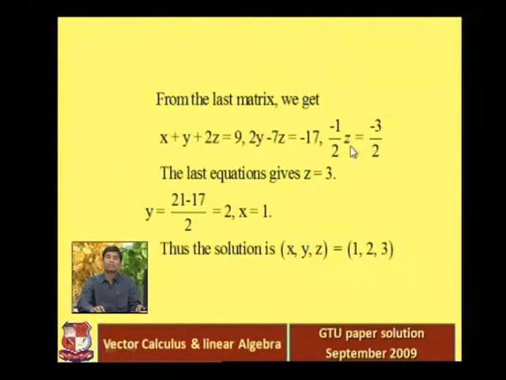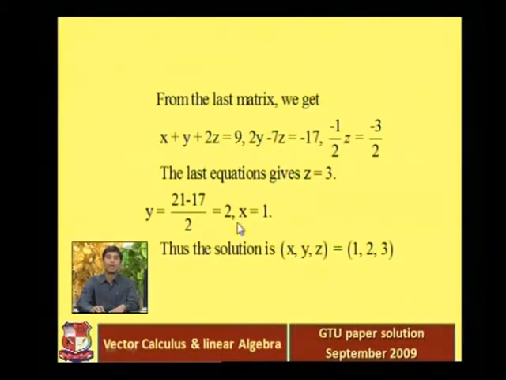So first we get the value of z is equal to 3. Put this value in the second equation, you will get 2y equal to 21 minus 17, that is 4. So 2y is equal to 4, so y is equal to 2, right?